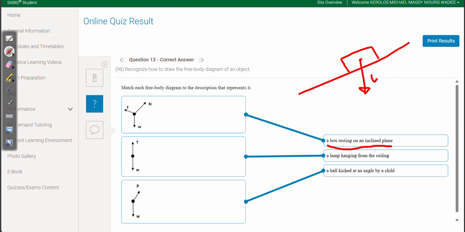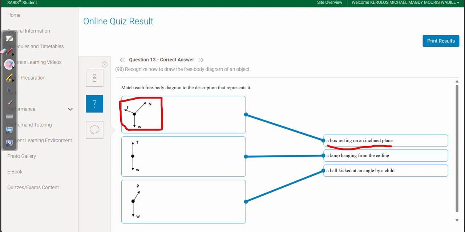A normal will be perpendicular to the surface, so like this. And you have an external force, F, let's say, pushing on the box. This is the one with the most logic. It makes more sense with the description. So this one's the correct answer.